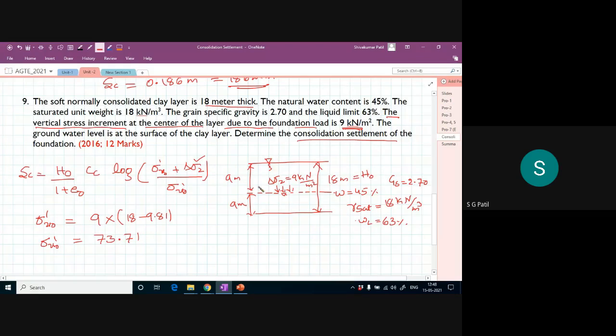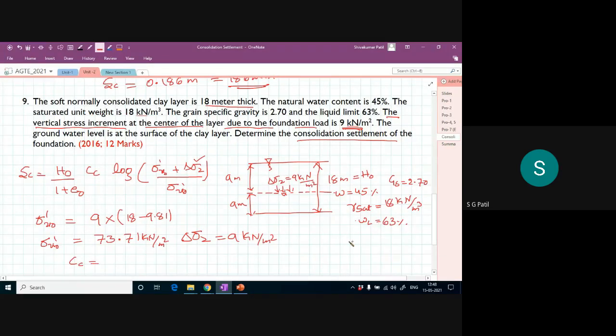Now I have to calculate my delta sigma z. Anyway, delta sigma z they have given directly, due to the foundation loading. So straight away take delta sigma z equal to 9 kilonewton per meter square. Now, how to calculate the CC value?